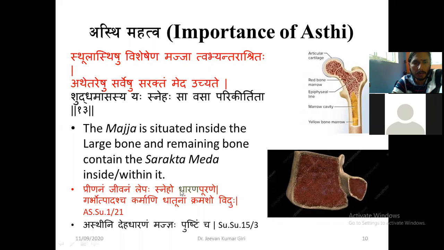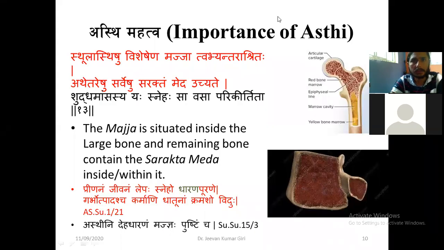Now just remember that according to the Ashtanga Sangraha, the function of the Asthi dhatu, Asthi, that is the Dharana. Dharana, that is to support. Just remember. So dharana is the function of the asthi dhatu according to the Ashtanga Sangraha. You can write that point.